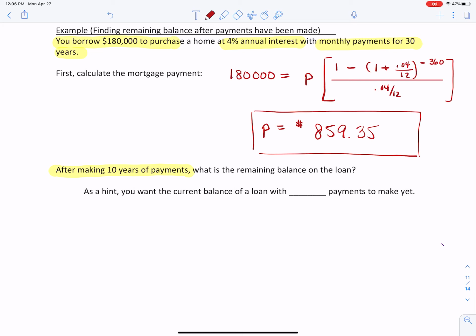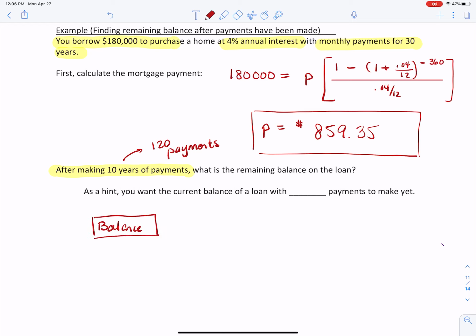Let's say we've made 10 years of payments, which translates to 120 payments. So our big question now is, what's the remaining balance? And the key idea is, I have this balance that I don't know, so it's like a new starting point almost.